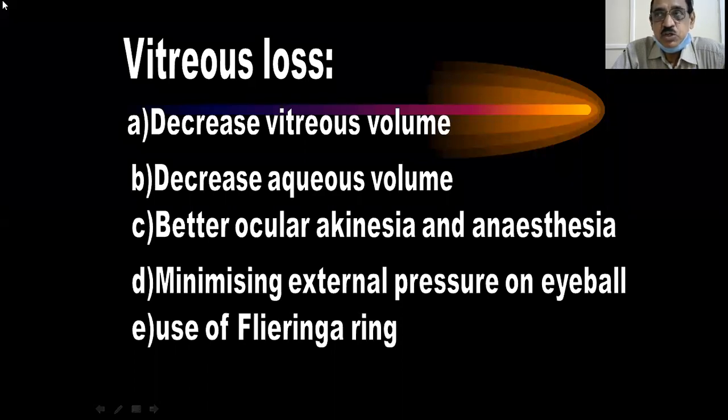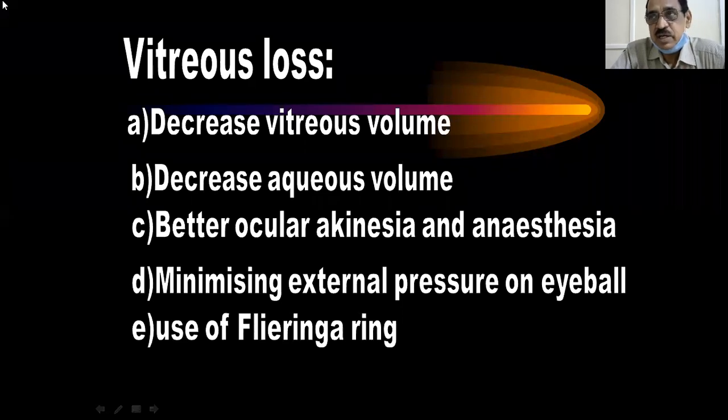We can give 2 ounces 3 times per day for the day before the surgery. And to decrease the aqueous volume, we give acetazolamide 250 milligrams, 2 tablets the night before and also on the day of surgery. And better ocular akinesia and anesthesia will have to be achieved by a proper block and minimizing external pressure over the eyeball.